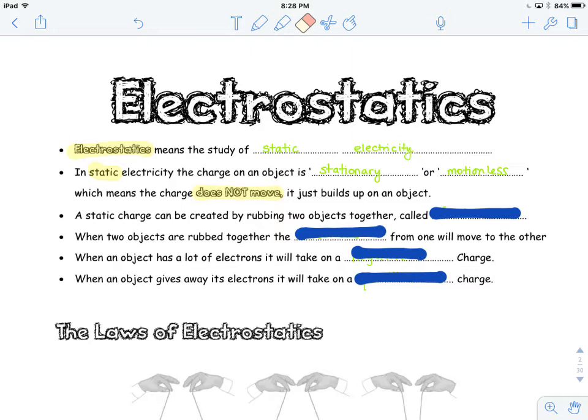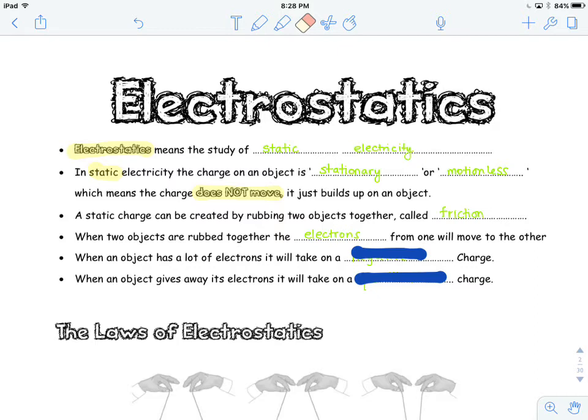We can create a static charge when we rub two objects together, and this is called charging by friction. When two objects are rubbed together, the electrons from one object will move to the other.